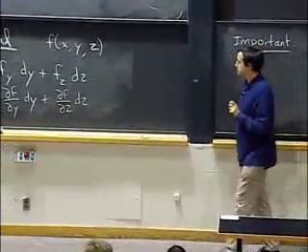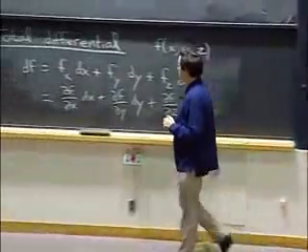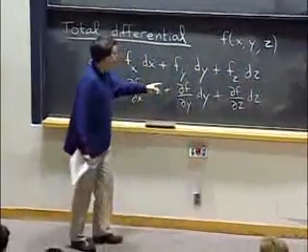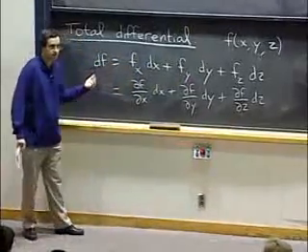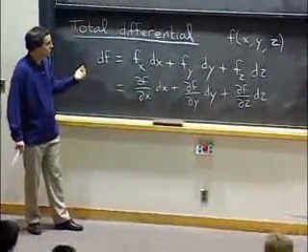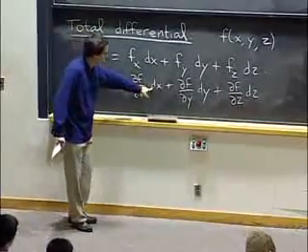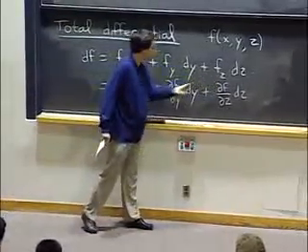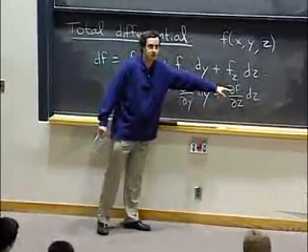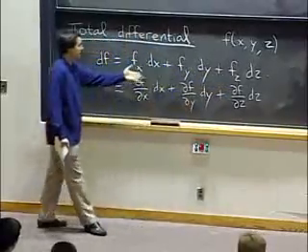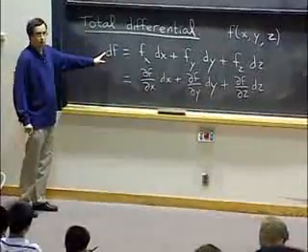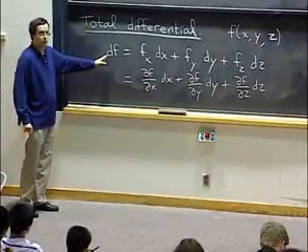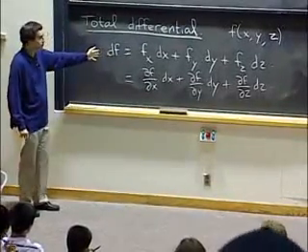Another way to say it, which I think is closer to the truth, is that these things are placeholders to put values and get a tangent approximation. For example, if I replace these symbols by delta x, delta y, and delta z numbers, then I will get a numerical quantity, and that will be an approximation formula for delta f. It will be the linear approximation or the tangent plane approximation.